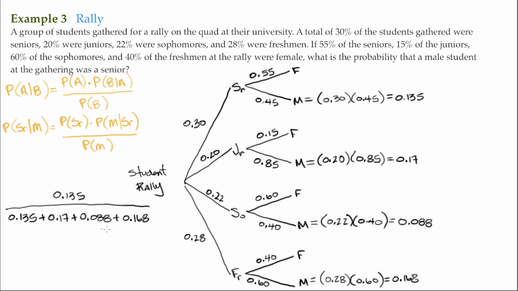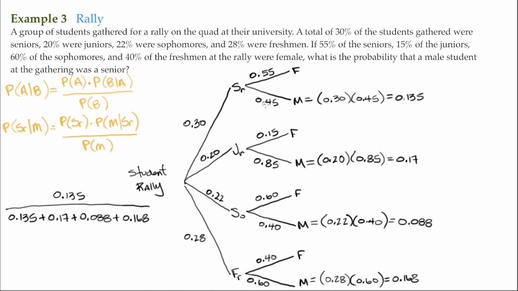One of these values in the denominator will always be a value in the numerator. But if we look here, the probability of being a senior given you're a male, we had to determine all the males. So then what this is equal to, that's the probability of being a senior, that's this right here, times the probability of being a male given you're a senior, that's this right here.